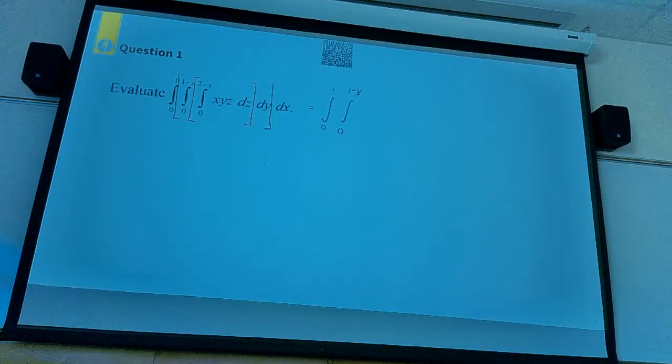We're integrating with respect to z. So z is the only variable that's changing. x and y held constant.